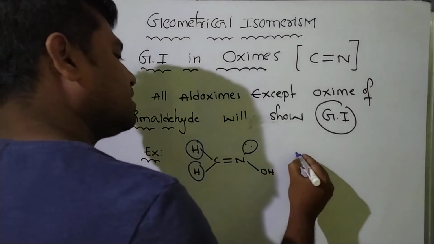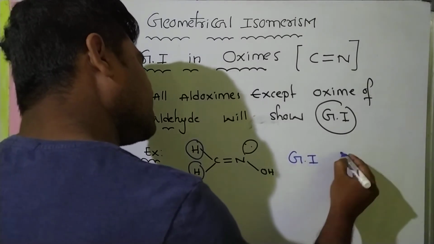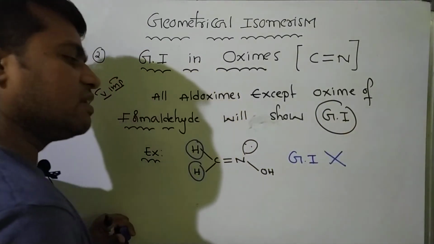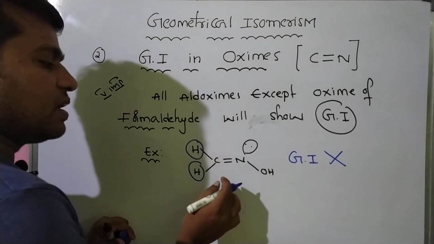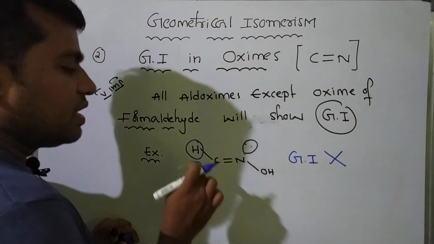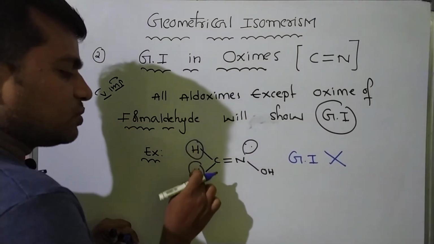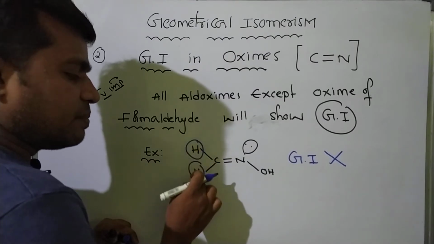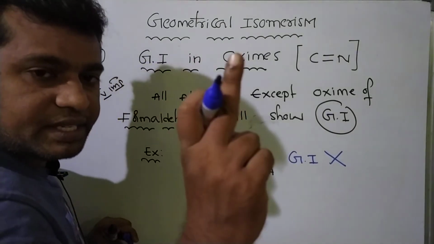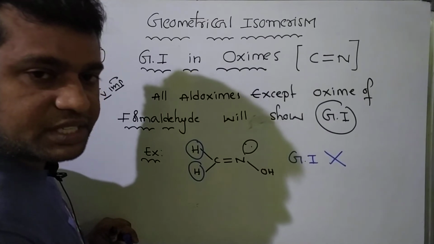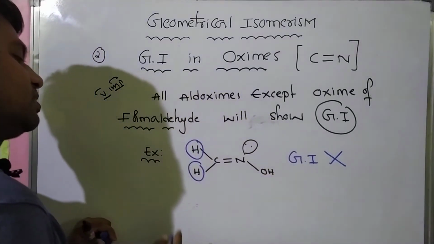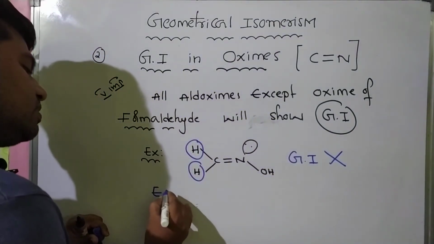So this will not give geometrical isomerism. Why? What is the main condition? These two groups must be different, like in amines. Understanding? Next example.